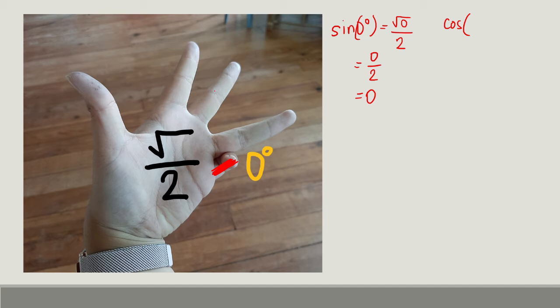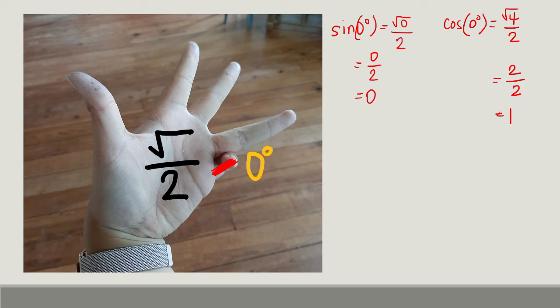There are 1, 2, 3, 4. So 4, yan po ang ilalagay mo inside the radical. So cosine of 0 degrees is equal to square root of 4 over 2. Now square root of 4 is 2. And 2 over 2 is 1. So the cosine of 0 degrees is 1.